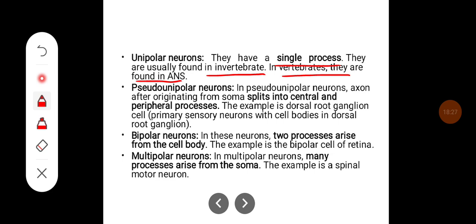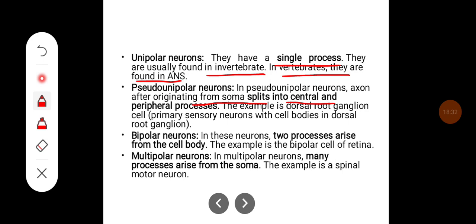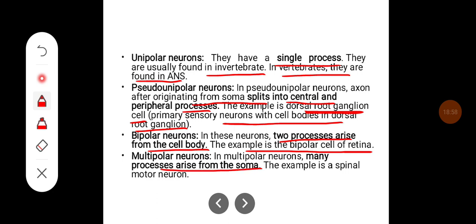Pseudounipolar neurons, the axon after originating from the soma splits into central and peripheral processes. The example is the dorsal root ganglion cell, that is the primary sensory neurons with cell bodies in the dorsal root ganglion. Bipolar neurons have two processes arising from the cell body, and the example is bipolar cell in the retina. The multipolar neurons, many processes arise from the soma, and the example is spinal motor neuron.